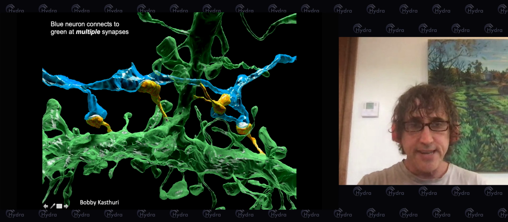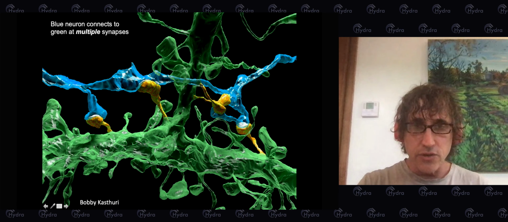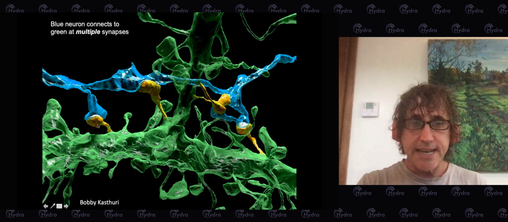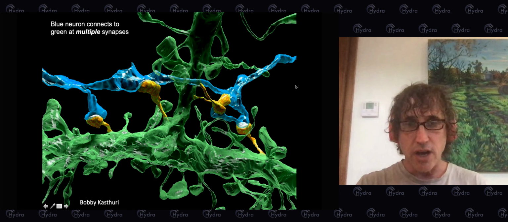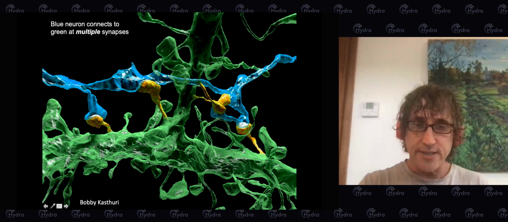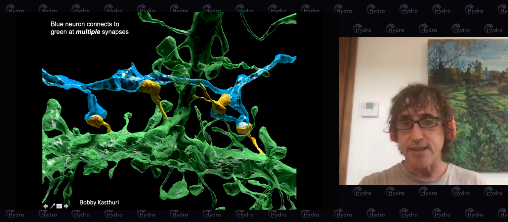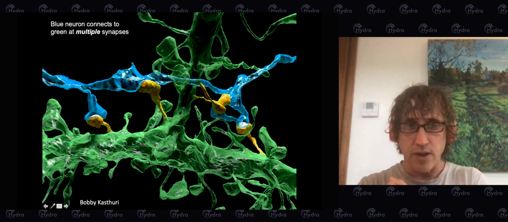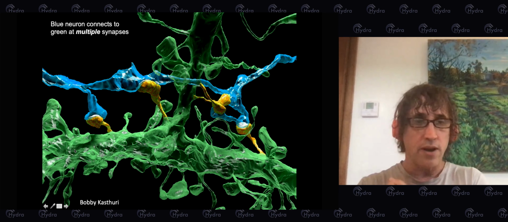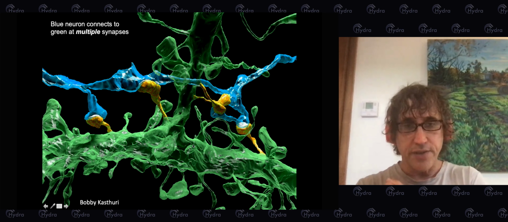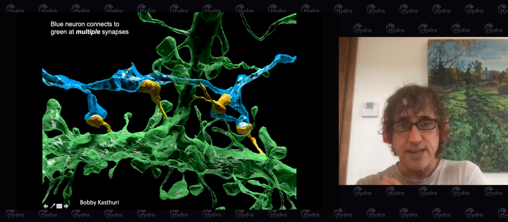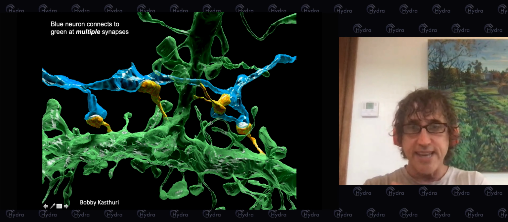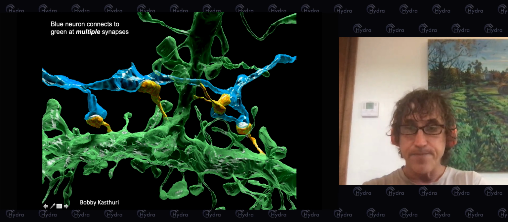And you can see an axon in blue, and you can see the connections. So this is an axon from one neuron connecting with a dendrite of another neuron. And when it connects, it doesn't connect in one place, but in many places. So in this case, 5 different connections. Each one of these is a synapse.